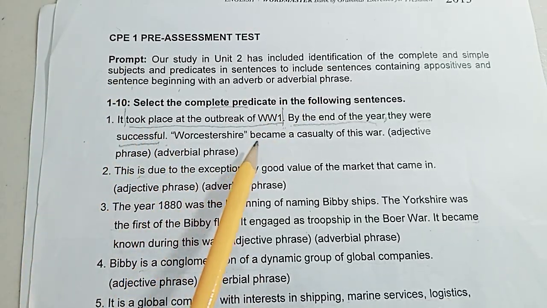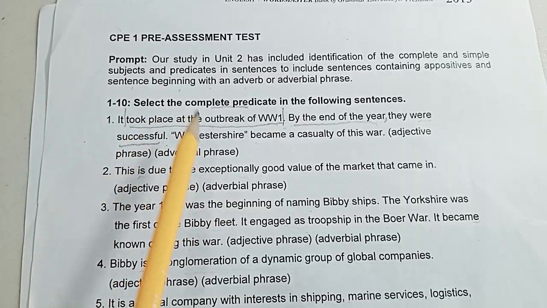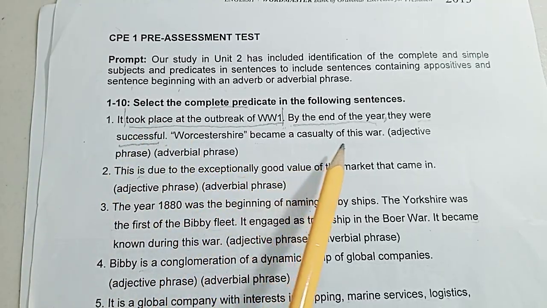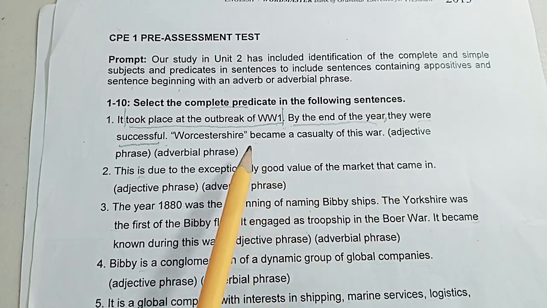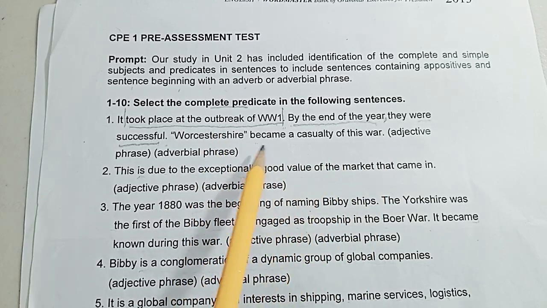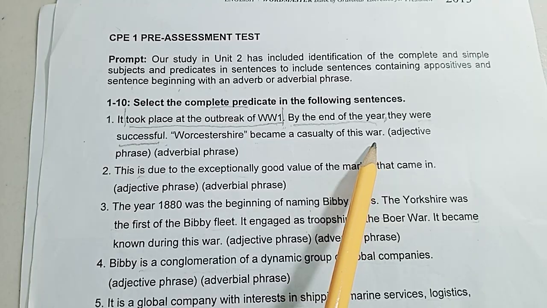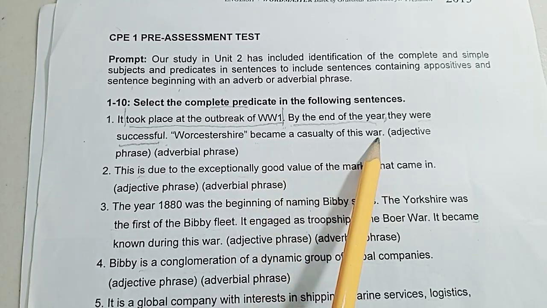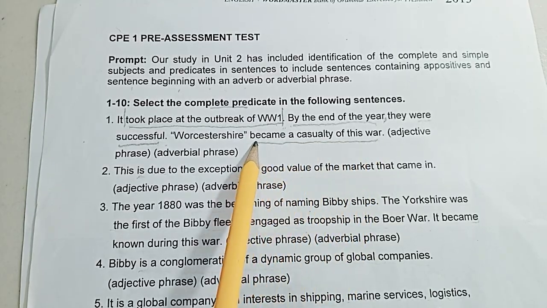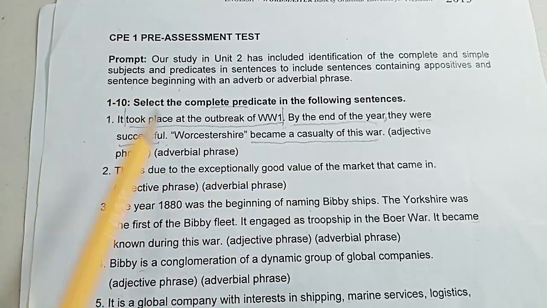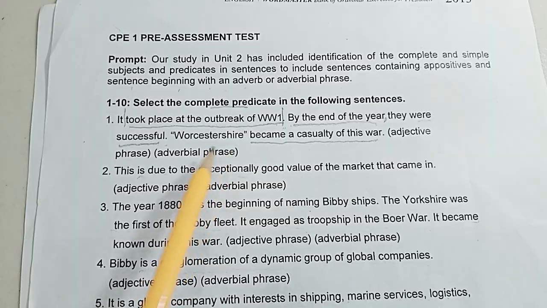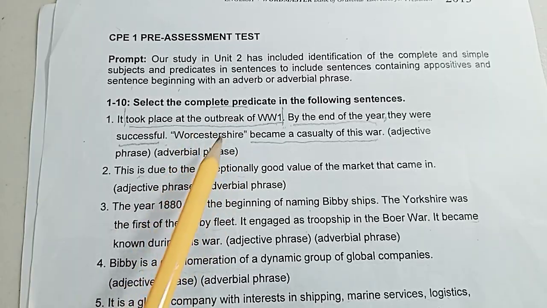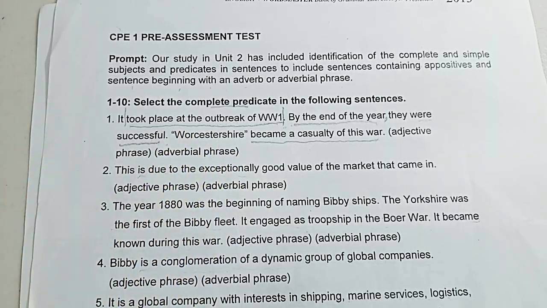Next, Worcestershire became a casualty of this war. Okay? The verb is became up to the word war. So you have to choose that. Okay? And leave Worcestershire, because that is a subject.